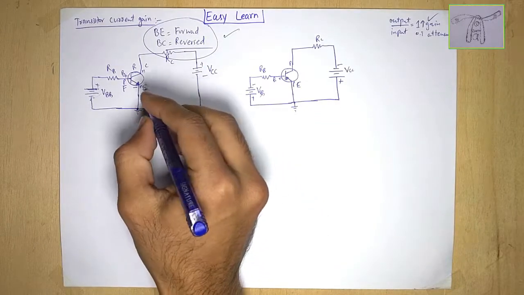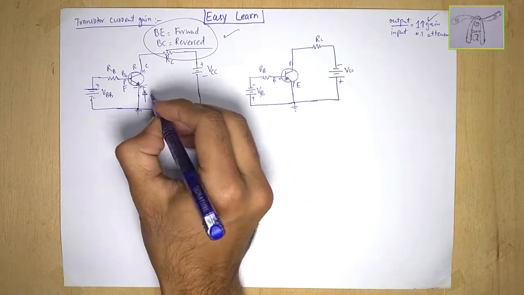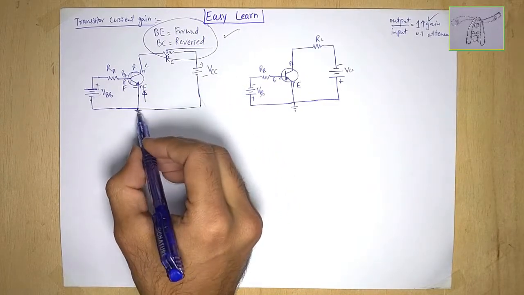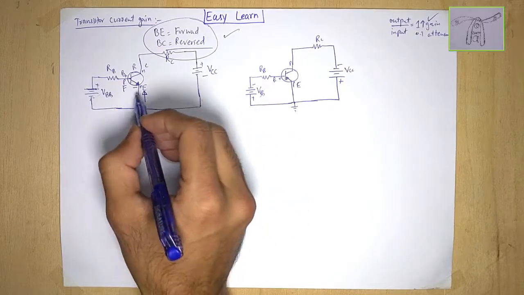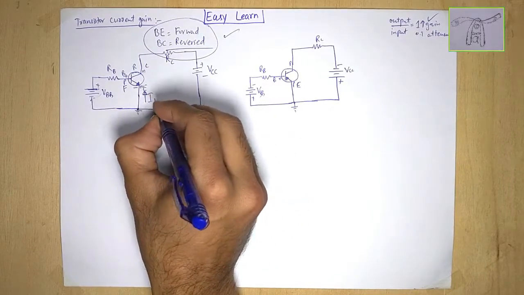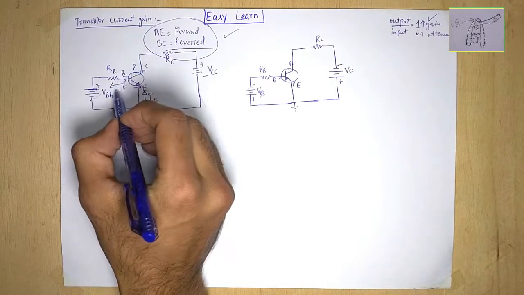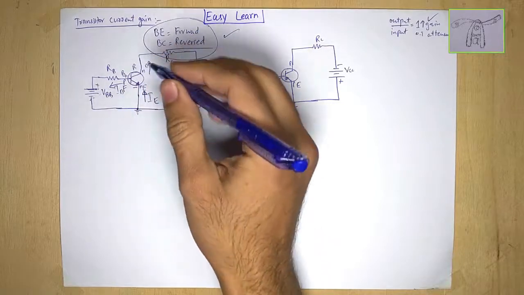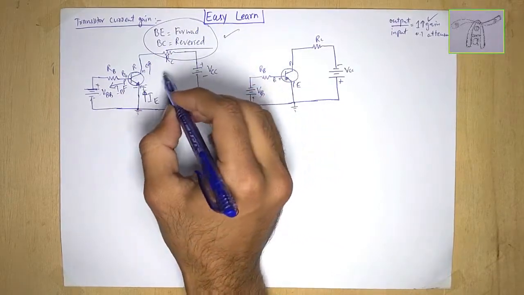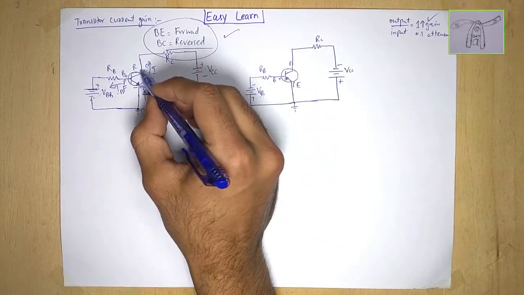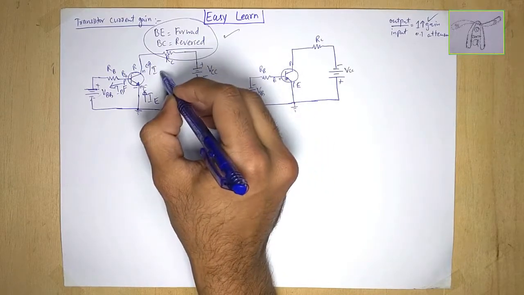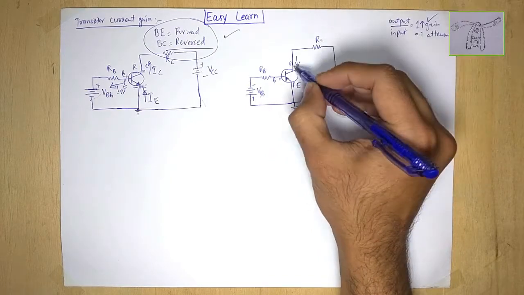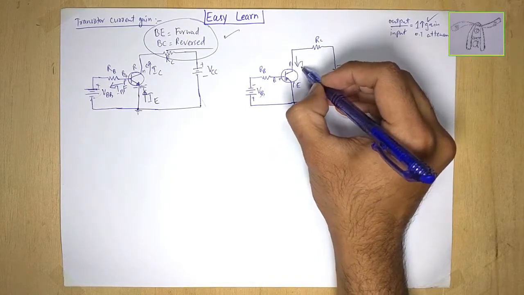So let's talk about the current directions. We are discussing the electron flow, and this is the direction of the current, because these are negative, so from negative towards positive. This is IE, the emitter current, and here current is leaving, this is IB. On the collector the current is also leaving the circuit, from negative towards positive terminal, so this is IC.